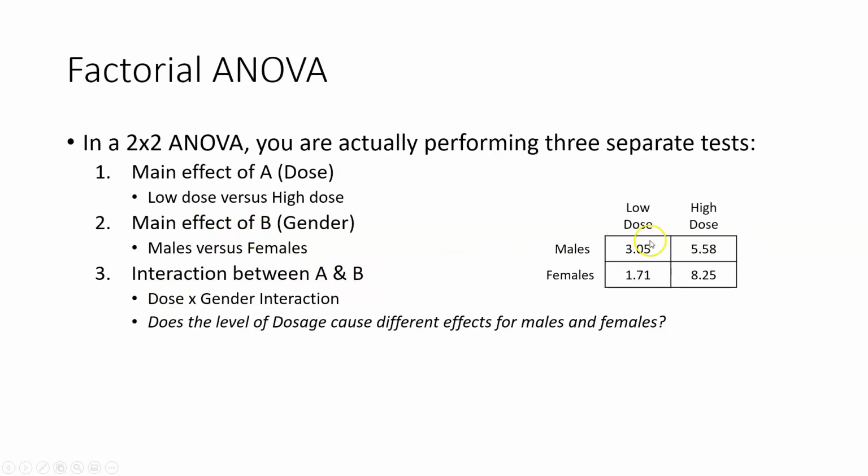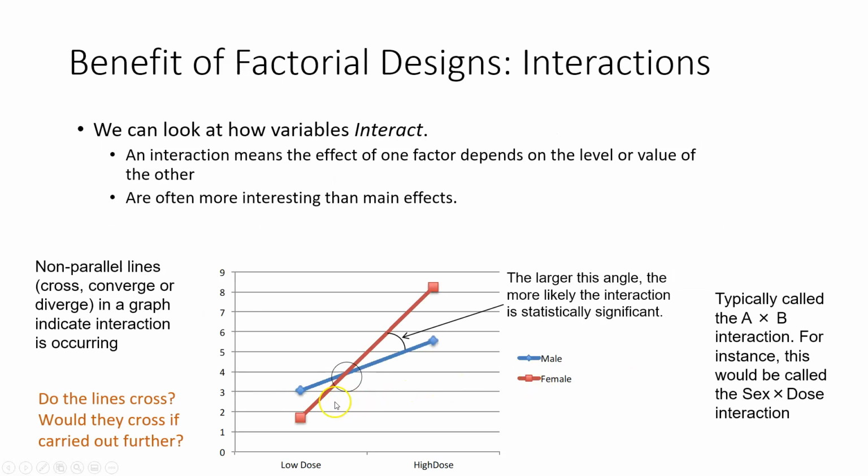So in this particular situation, you're assessing an ANOVA for the dosage, an ANOVA for the gender, and an ANOVA for the interaction. And you're asking the question, in that latter case, does the level of dosage cause different effects for males and females? Going back one slide, we can see that yes, in fact it does.